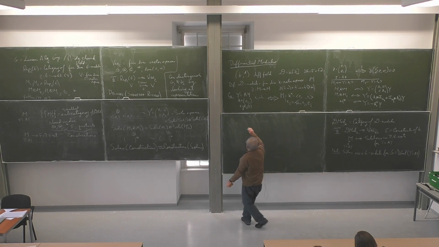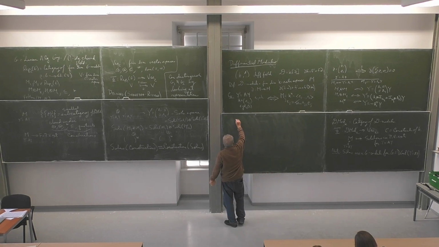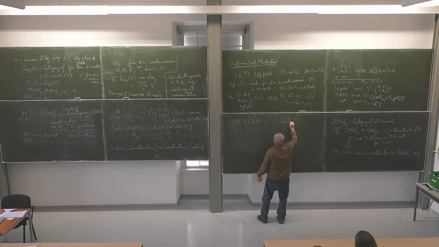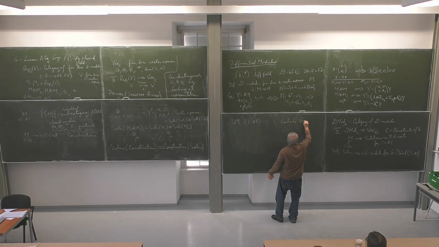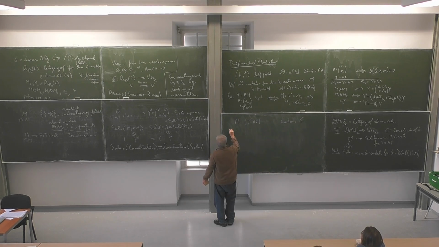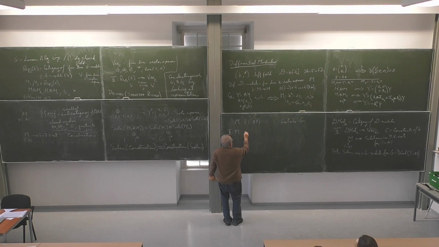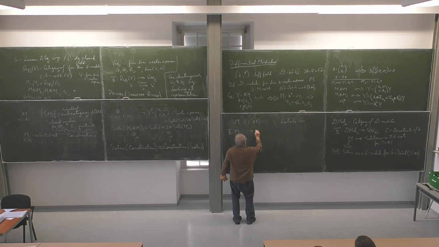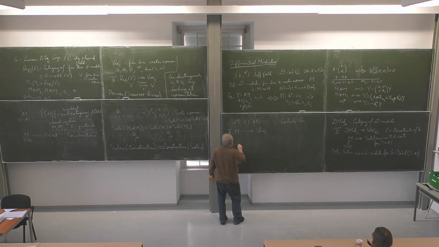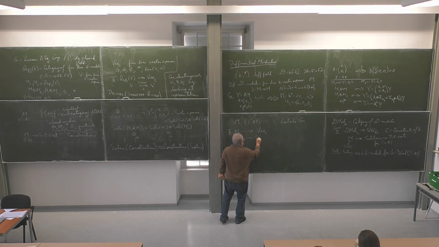So I start with this D module M, and I'm thinking of some equation, and it has a Galois group G. So from M, I can go to this, go into the vector space over C. I take M to its solutions.